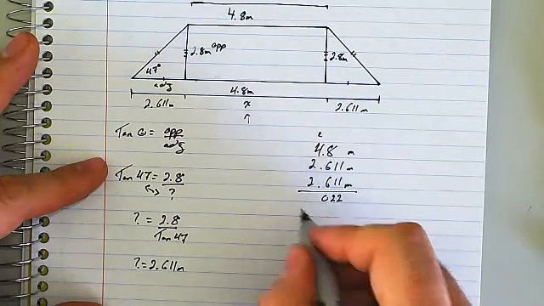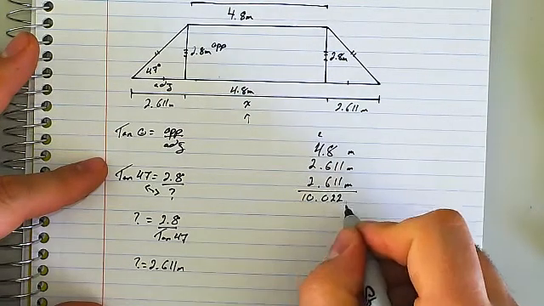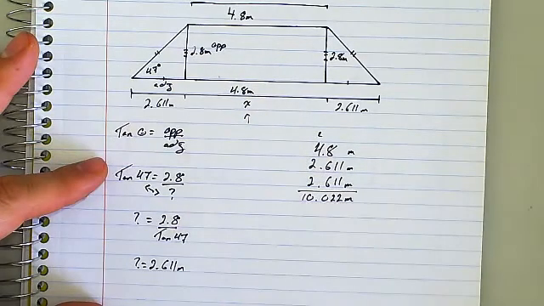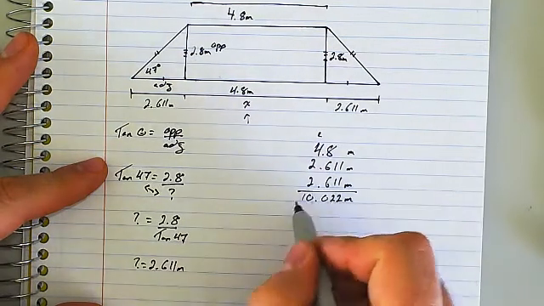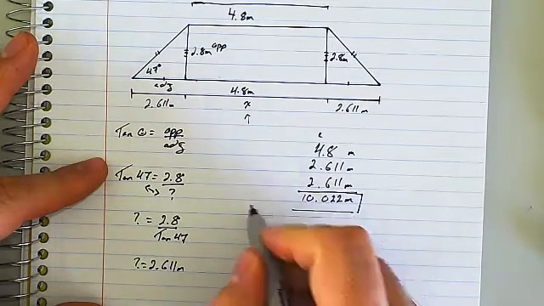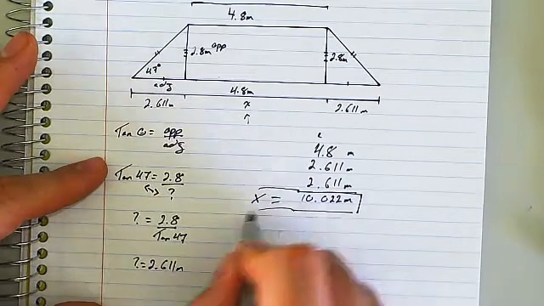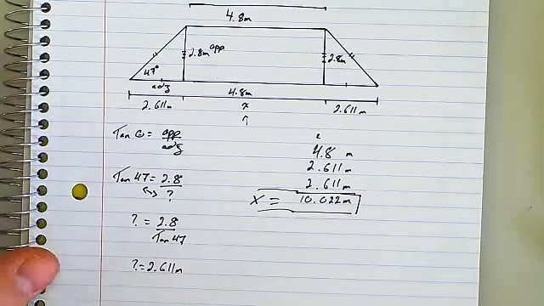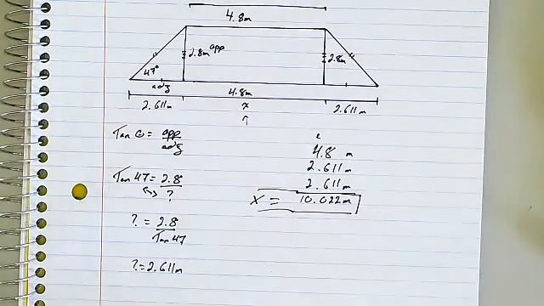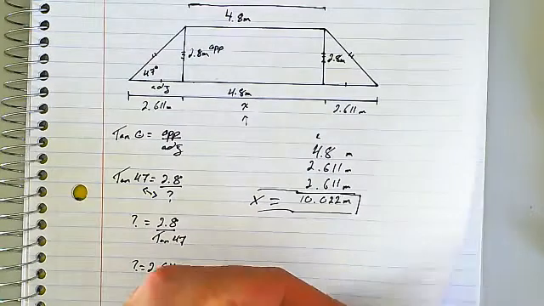So it's 2, 4, 8, 10.022 meters. So we know our total length for x would be 10.022 meters.